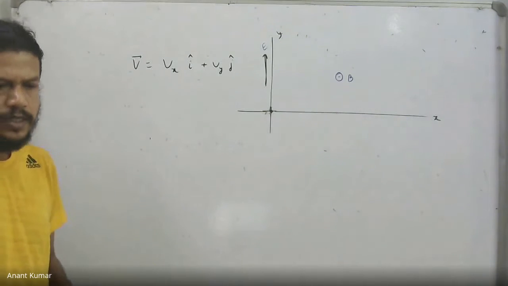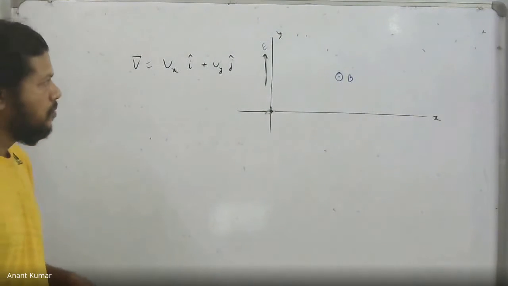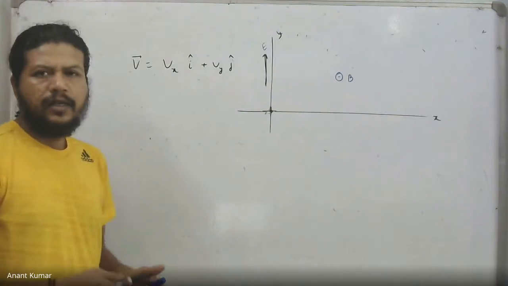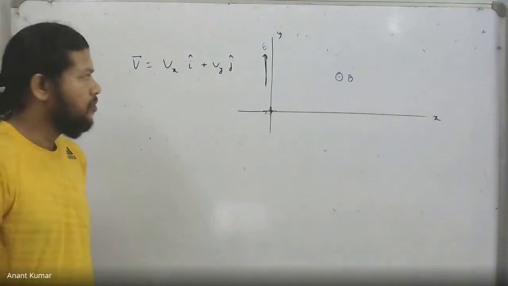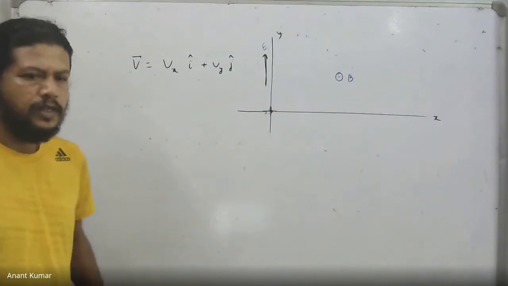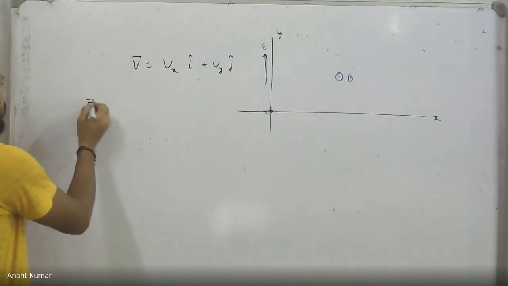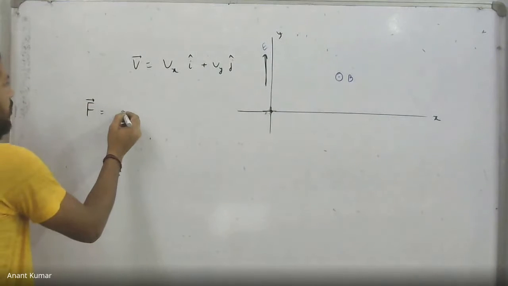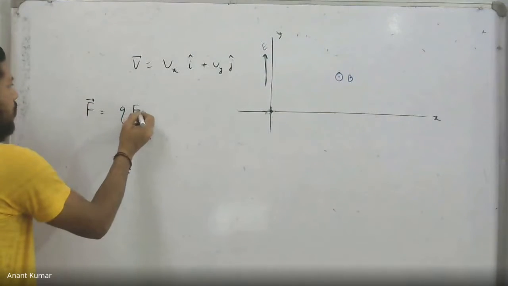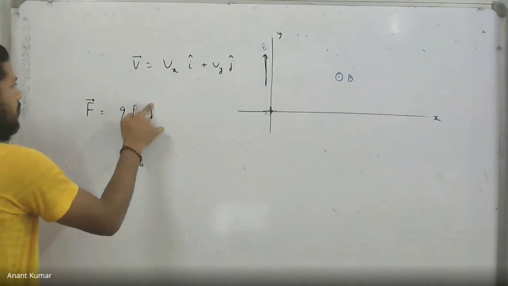There are two forces. One is the electrical force, which acts along the y direction. The other one is the magnetic force, which will be determined by qv cross B. So the net force will be, first of all, the electrical force qE along the j cap direction.